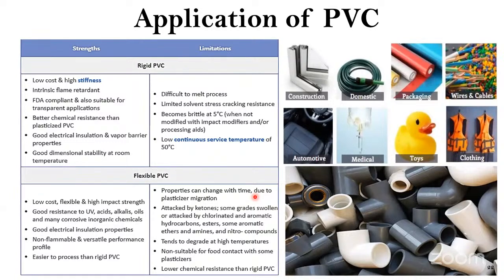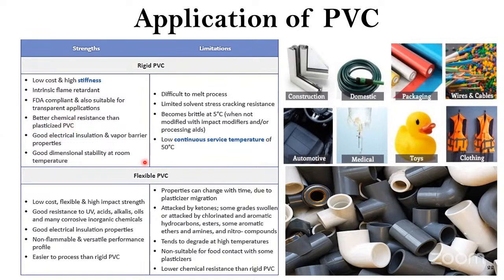And this is again, you can see it has a lot of applications. So I'm not going into this because we have already discussed the application, but here we can discuss some limitations about rigid PVC. The strength, they are very low in cost, but the stiffness is quite high, and the flame retardance also quite high, and better chemical resistance than your plasticized PVC.